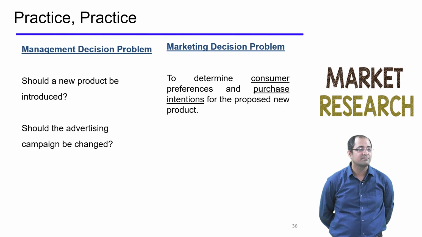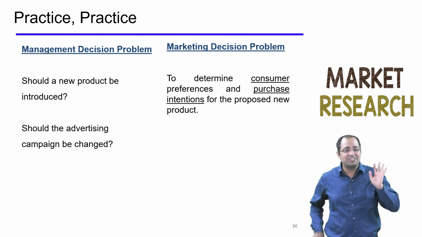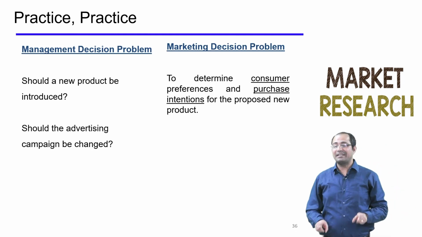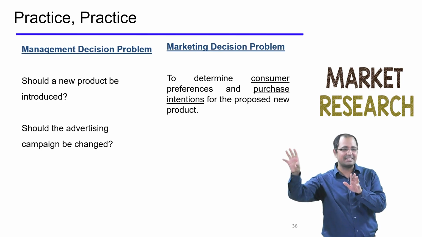So is advertising the issue, or there could be some other issues? Maybe they're mistaking their advertising. Okay, one more assumption. Focus on that only. The assumption is that everything else is going right. You asked again very correct question, but here the aim is to practice how to translate, how to write the marketing decision problems.